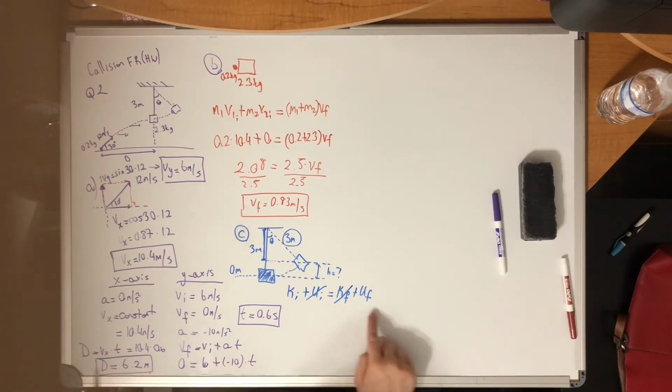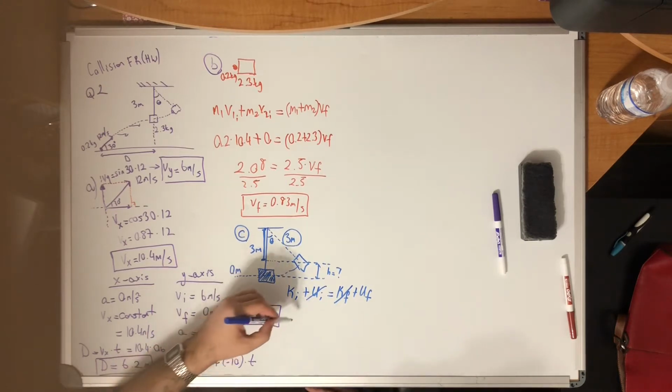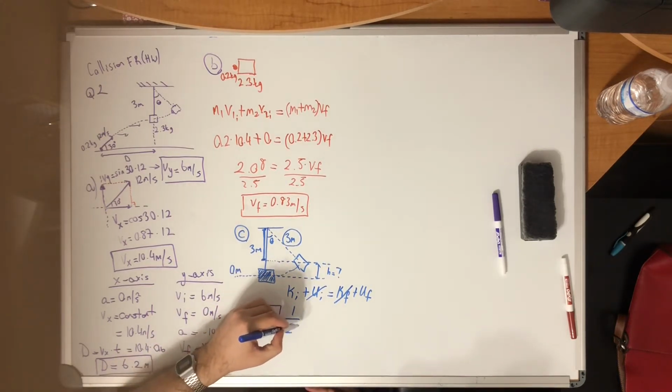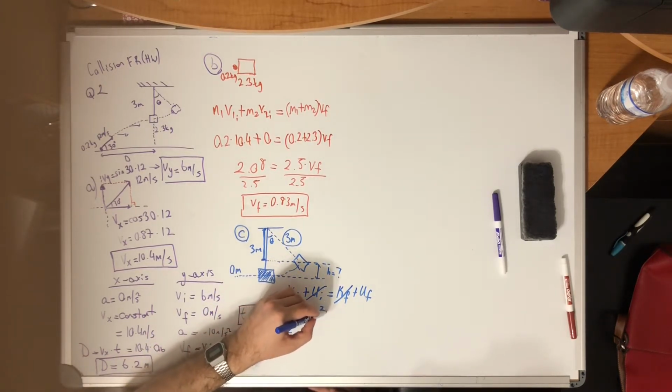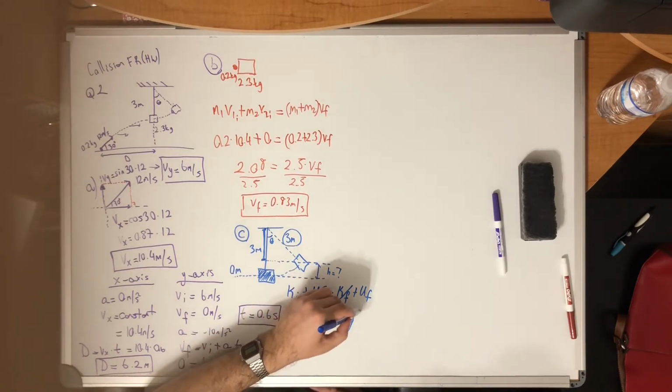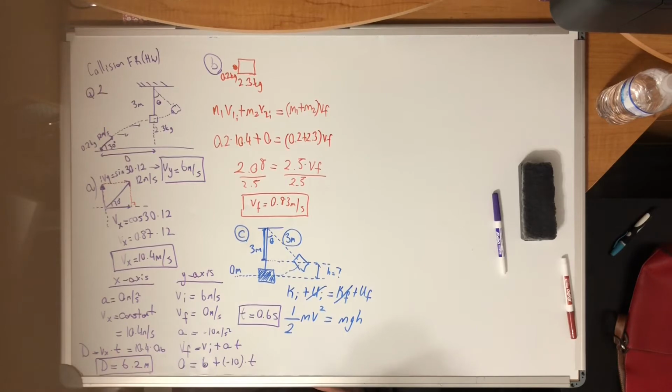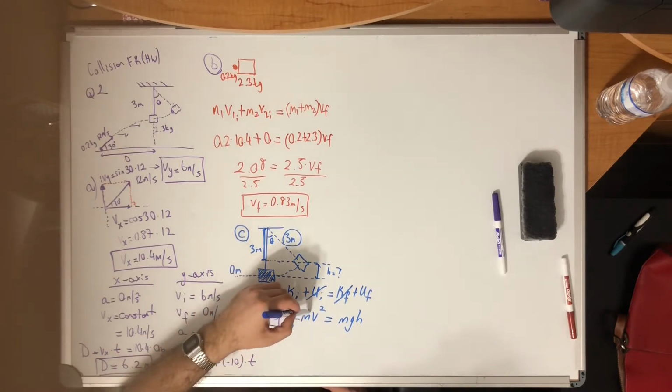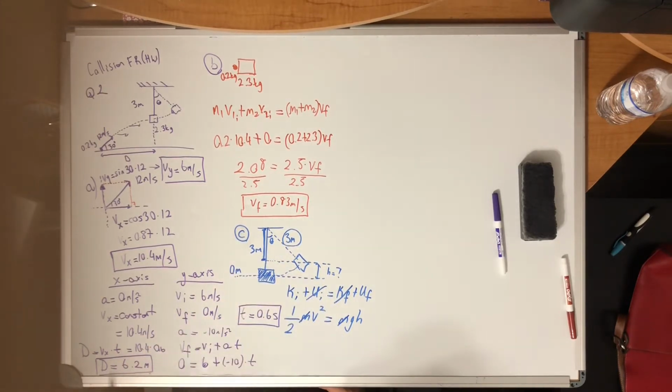So then that is going to give us another simpler equation. Initial kinetic energy must be equal to final gravitational potential energy. And if you remember the equations for both of those, 1/2 mv squared equals mgh. Now we can get rid of the m's because they're on both sides, so they cancel each other out.